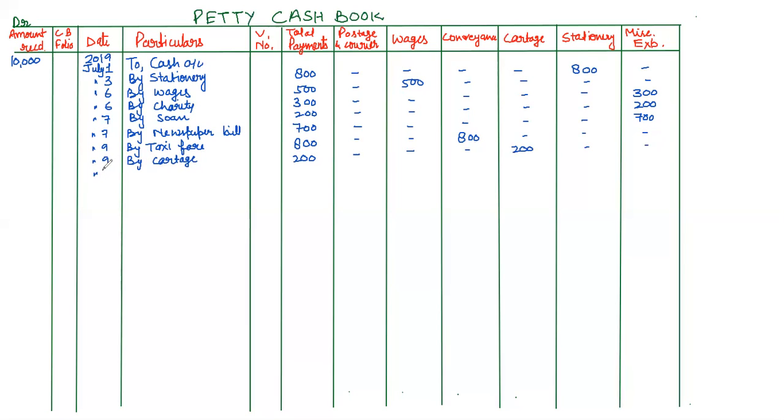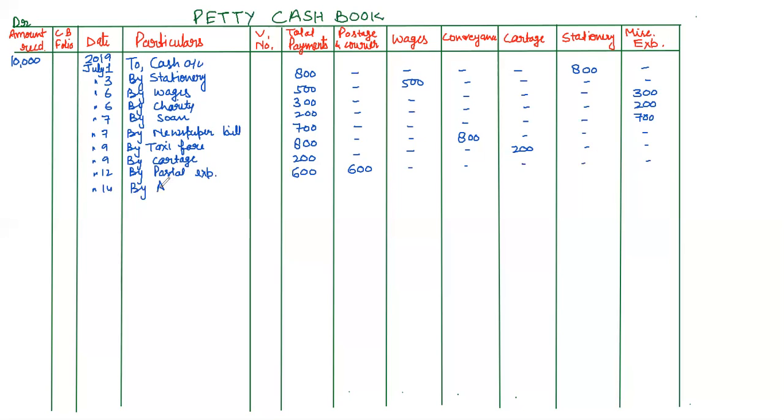Now next is 12, paid postal expenses. So by postal expenses, rupees 600 will come in the total payment column, and we have a separate column for this. And after that, 14, paid auto fare.